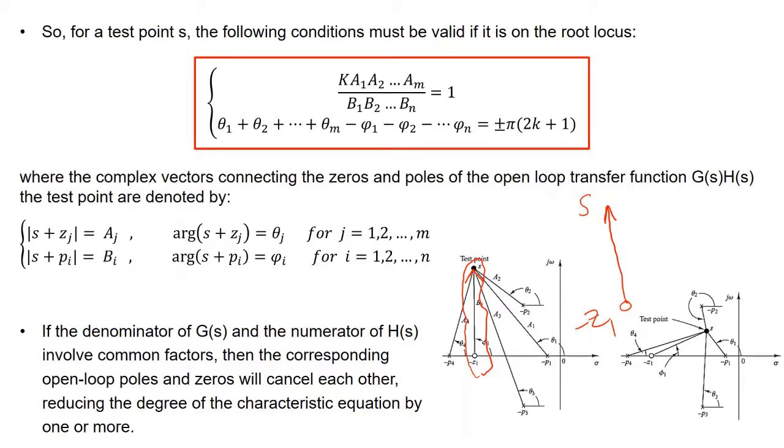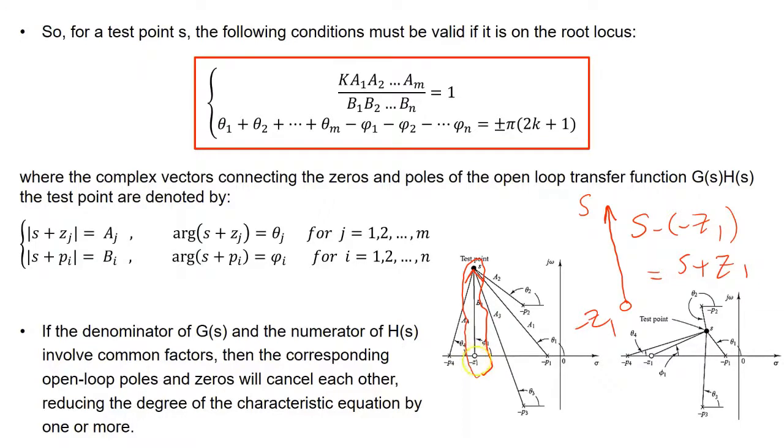We know complex numbers are exactly treated like vectors. So the vector that connects this point to this point is the end point minus the beginning point, right? So it's s minus negative z1, so it's what? s plus z1, one of the terms in the numerator, right?